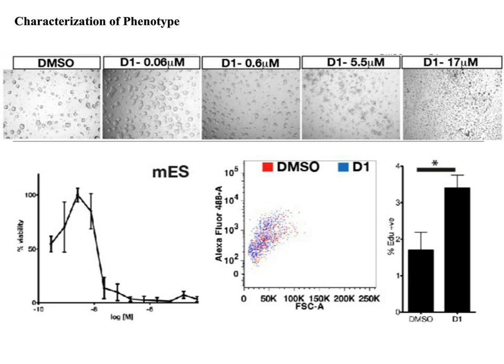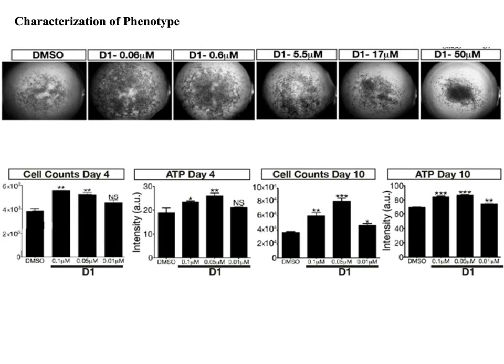The concentration that produced larger colonies, when pulsed with EdU, also showed increased EdU accumulation, indicating that more cells were in S phase. Similar image-based quantification was also done for human embryonic stem cells, where you could see compound D1 added at lower concentration produced a massive expansion of human embryonic stem cell colonies when compared to higher concentration.